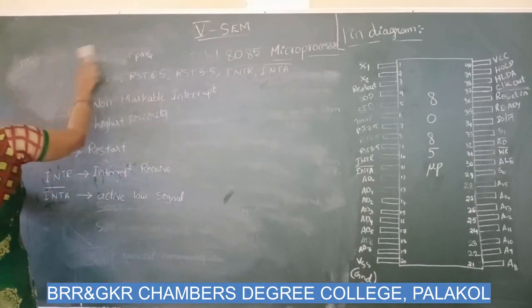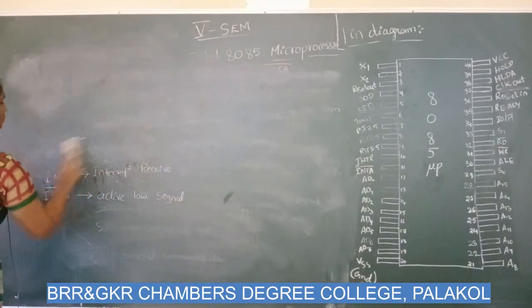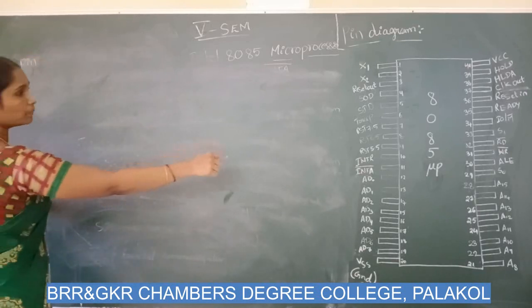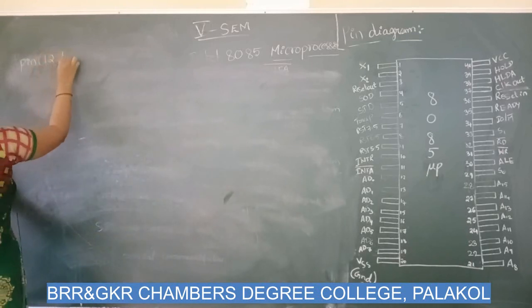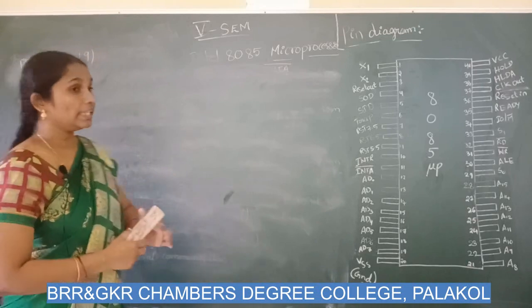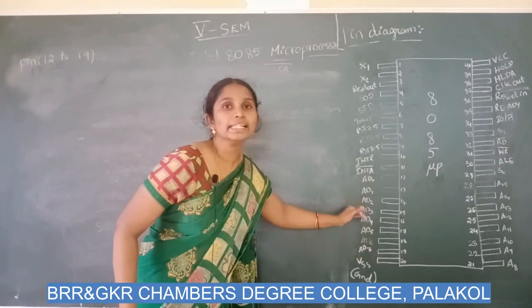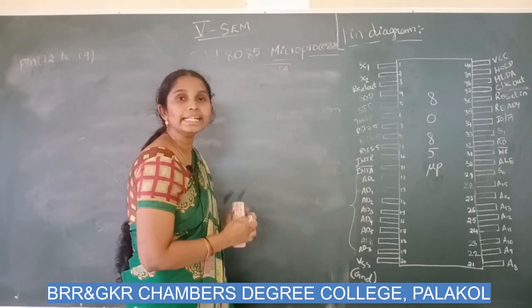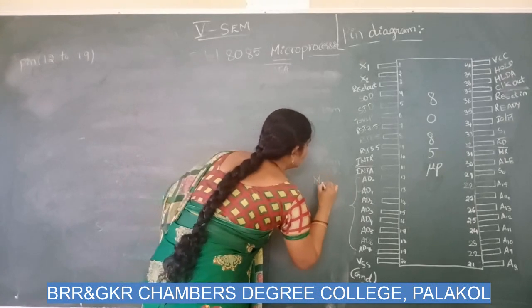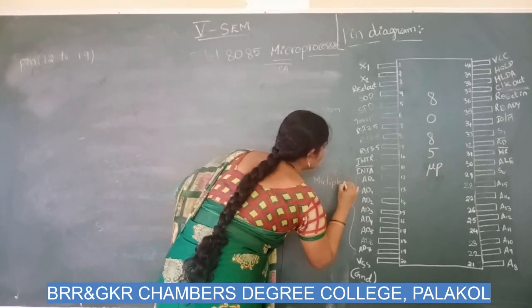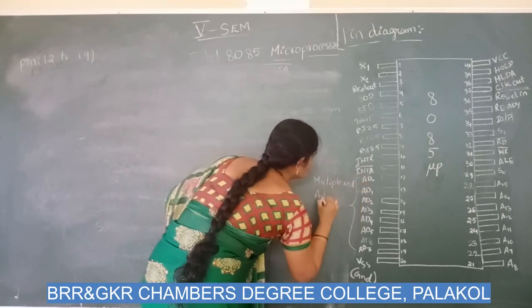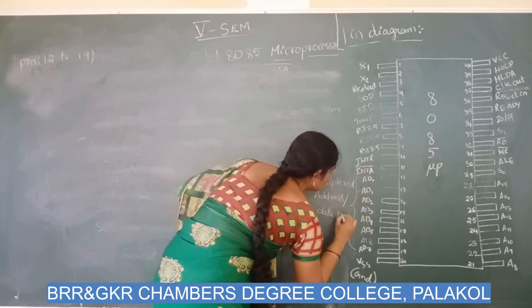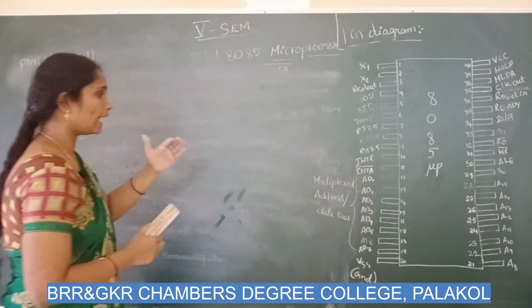So these all are the multiplexed address and data lines. Okay, so address and data lines.